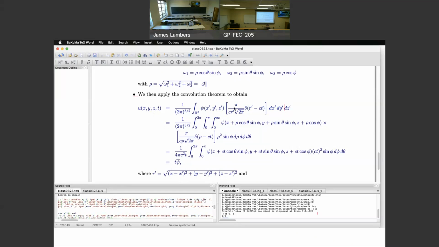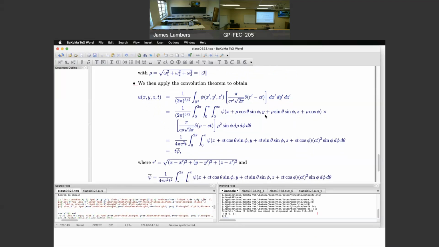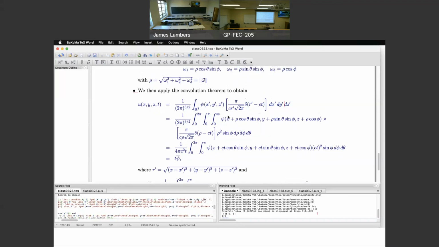So now I need to evaluate this integral. Again, most easily done in spherical coordinates. So when I express everything in spherical coordinates, okay, so here I have where the origin is considered to be at x, y, z. So x prime is this. This is y prime. This is z prime. So that's my spherical coordinate system. Again, a bit different from a standard one.